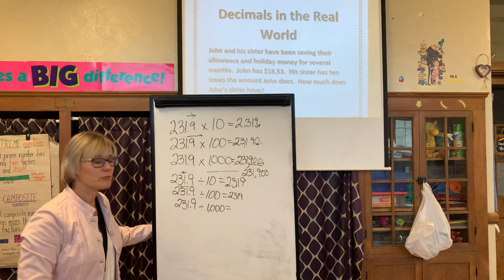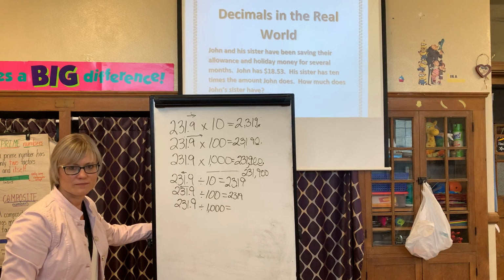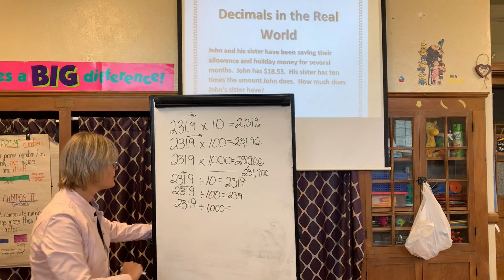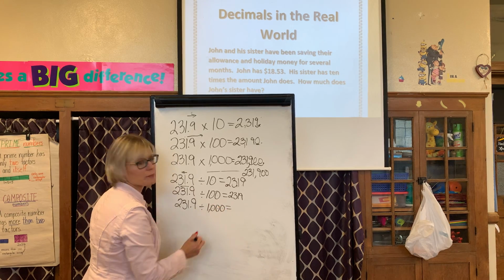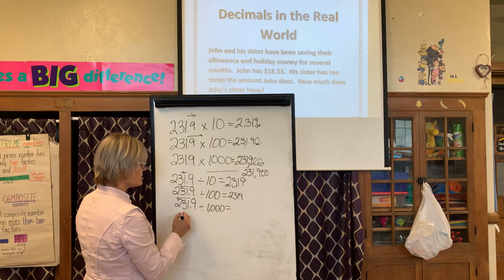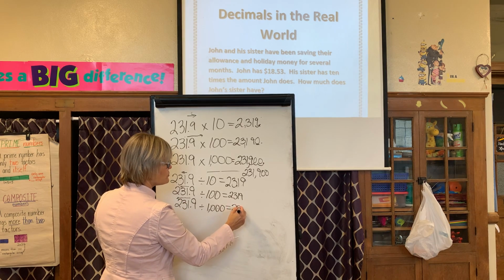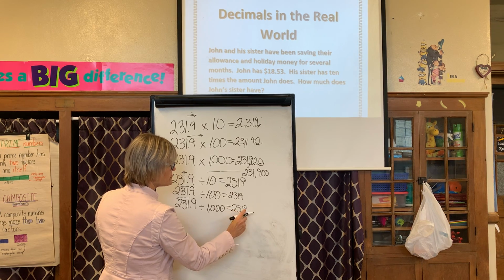And now I can read the number, 2 and 319 thousandths. Okay? All right. What happens if we're dividing by 1,000? 1, 2, 3 places. This time, the original number, we're going to move the decimal 1, 2, 3 places.